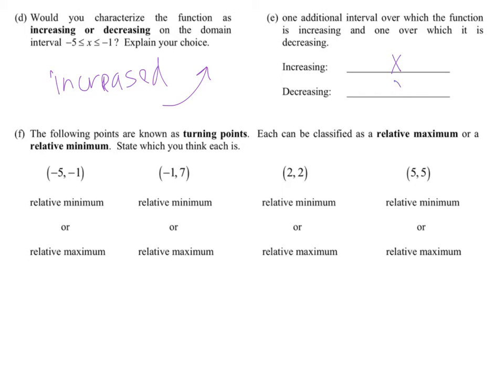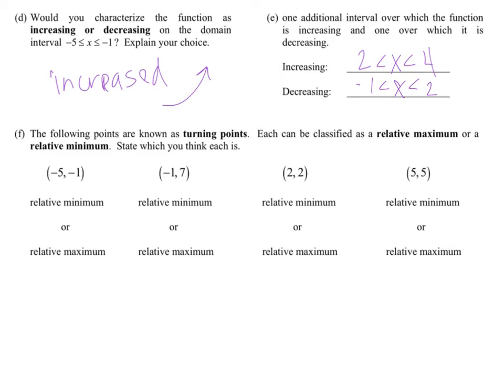So remember, we're looking at x for both of them. And let's find another one where it's increasing. From 2 to 4, it increases, and it decreases from -1 to 2. You could use or equals to if you would like. It's not always necessary. I usually skip it because I can't see close enough to see if it really does include those numbers.